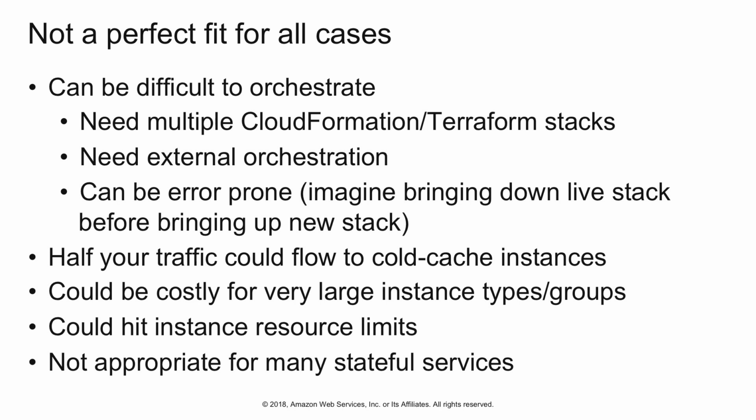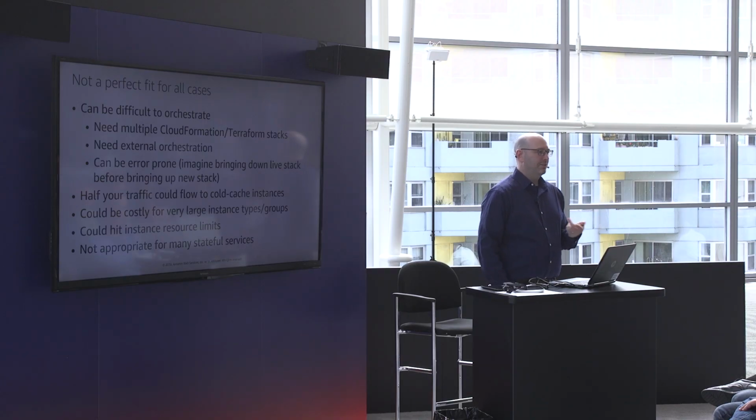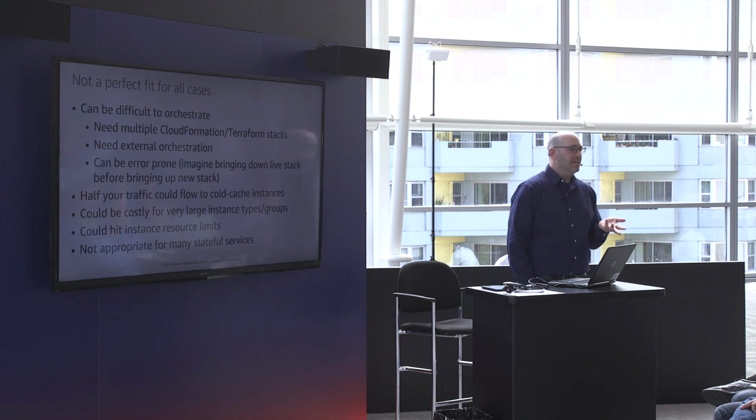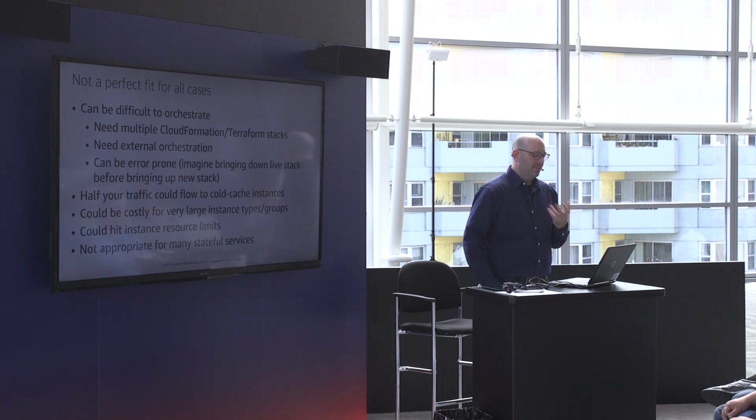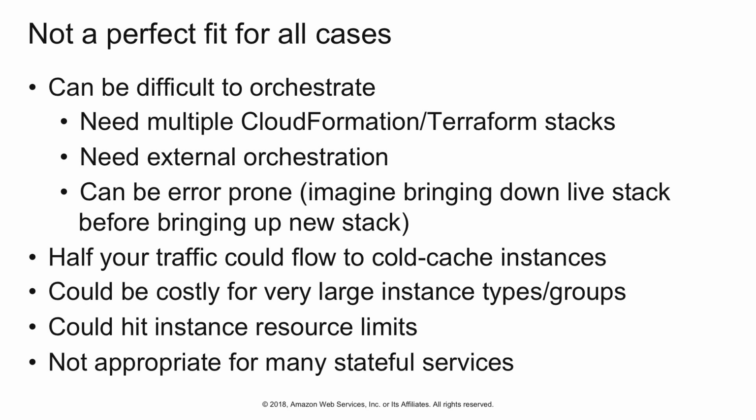At Segment, we often run with autoscaling groups 200, 300, 500 instances in size, and we run them on very large C5 9xlarge instances. So during the time that we spend doing this transition, we could run into instance resource limits. It could be very costly. And then it's also not appropriate for stateful services, as I talked about before.